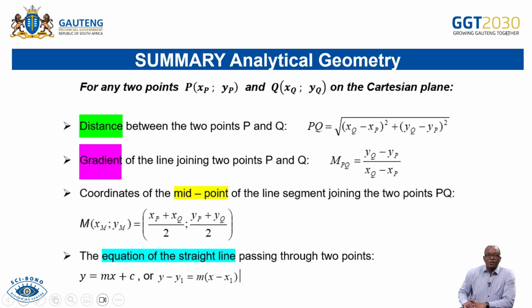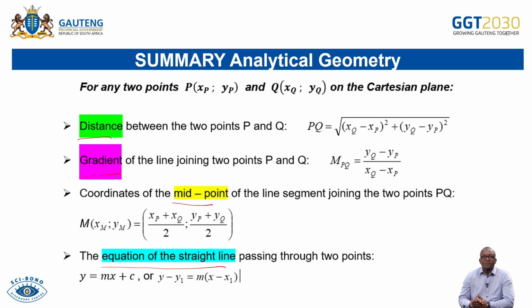Okay, before we start with our question papers, let's do a bit of a summary of analytical geometry. So, in analytical geometry, we know that we have what we call your distance, your gradient, midpoint, and equation of a line, correct? And you also have to know the concepts of parallel lines and perpendicular lines.